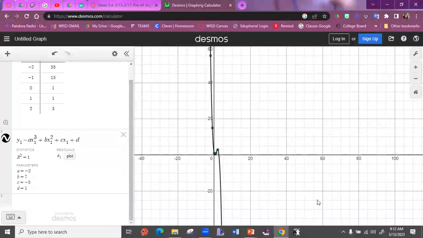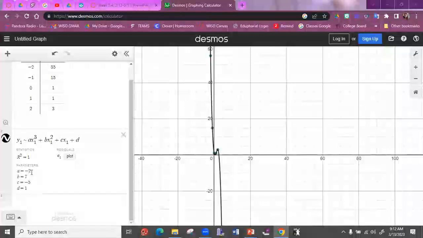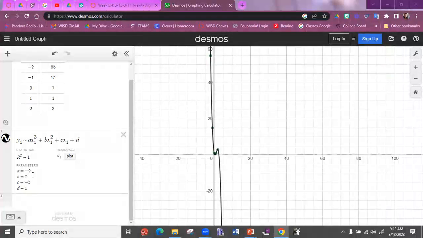Okay, the values right here, your parameters, that's what you're going to write your equation with. So we have a equals negative 2, b equals 7, c equals negative 5, d equals 1. Therefore my equation would be y equals negative 2x to the third plus 7x squared minus 5x plus 1.